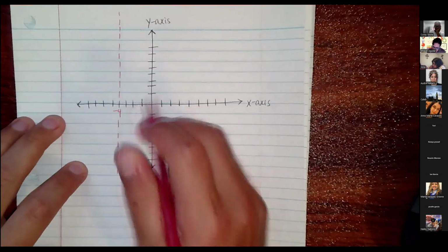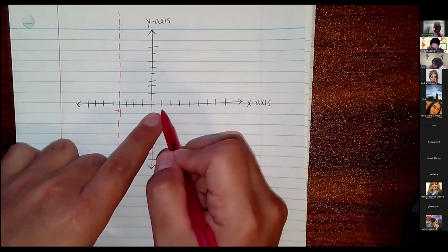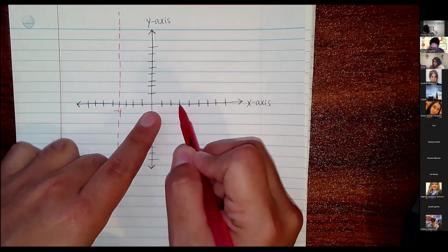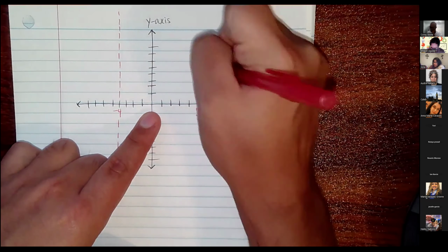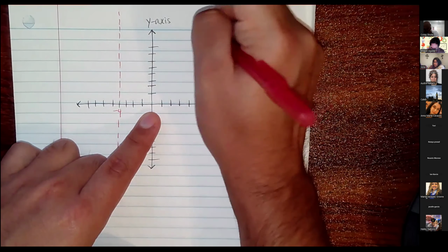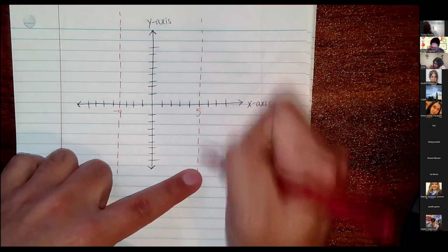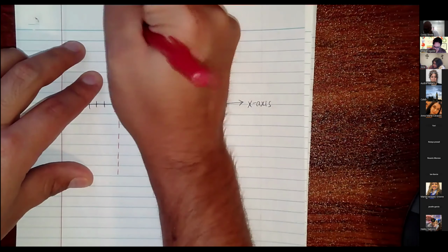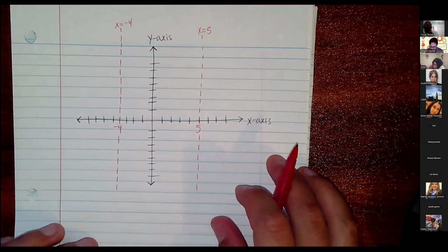So we'll see in a second what the rest of the graph looks like, but we want to set up our vertical asymptotes. The other one was at +5. So we'll go to 1, 2, 3, 4, 5. This is +5 here, and we'll put a vertical line. Just a little dash line, just a visual aid to say that x equals 5 and x equals -4, those are technically restricted, okay?